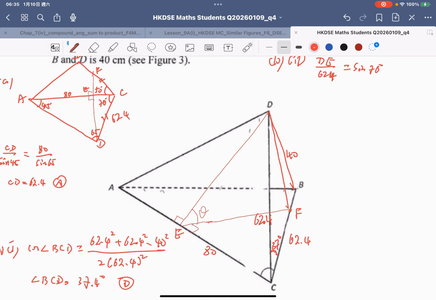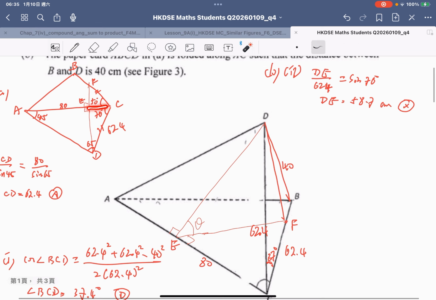That is DE equals 58.7 cm. I store this number into X, and then calculate EC.